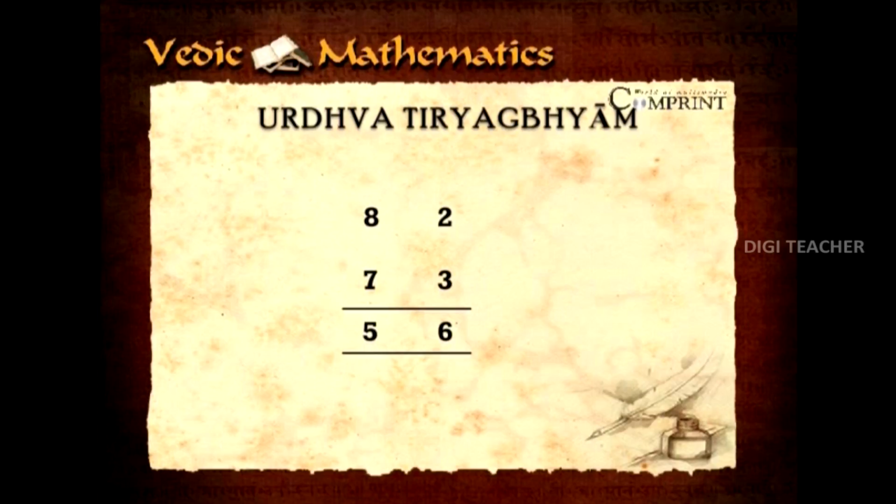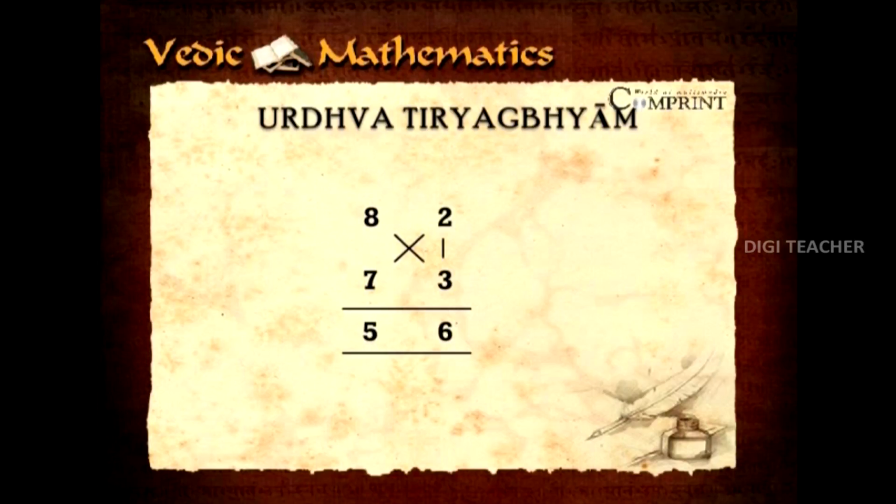You subtract crosswise, 8 minus 3 or 7 minus 2, to get 5, the first figure of the answer. And you multiply vertically, 2 multiplied by 3, to get 6, which is the last figure of the answer. And that's all there is to it.